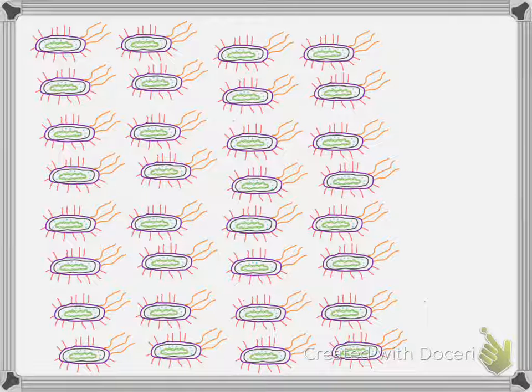Well, in these bacteria, if we looked all the way down to the level of their genes, we might just find one that had a little difference in its DNA. Huh, look at that. That one appears to have a little chunk of its DNA that's a little bit different.